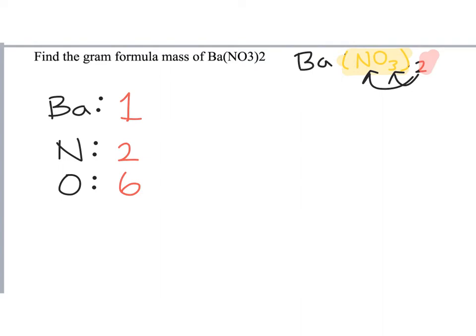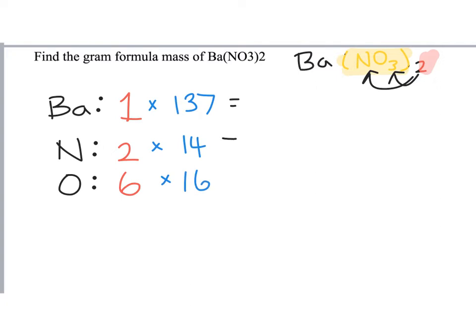We go to our reference table to look up the molar masses or the atomic masses of these substances, and we find that barium is going to be 137, nitrogen is going to be 14, and oxygen is going to be 16.